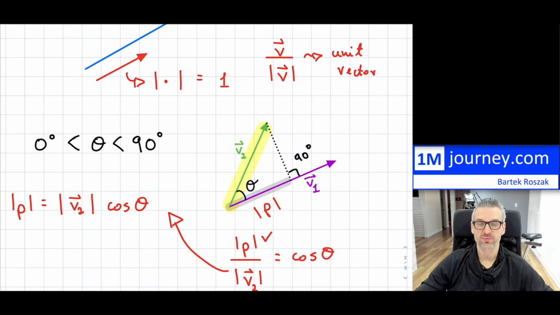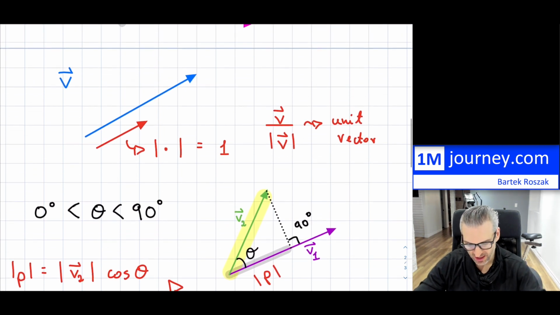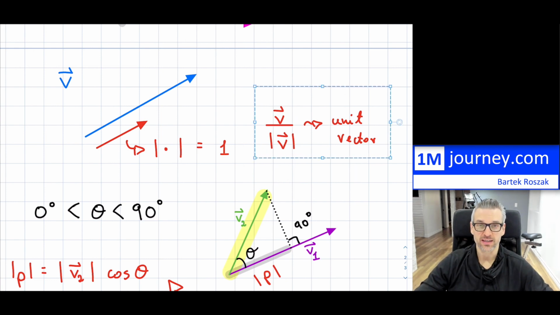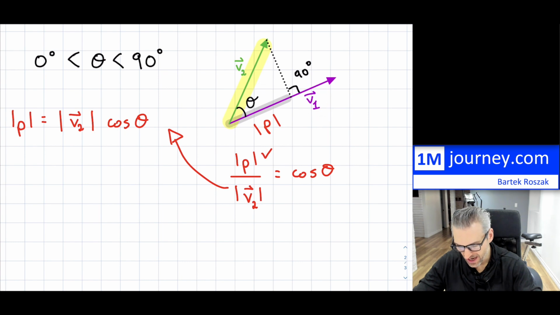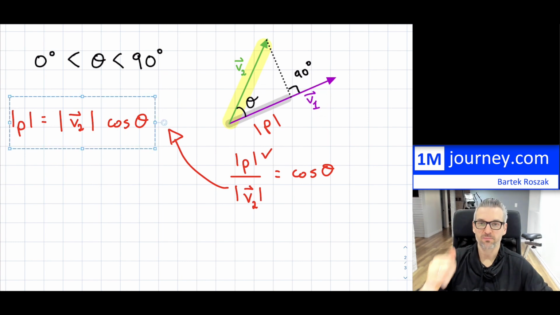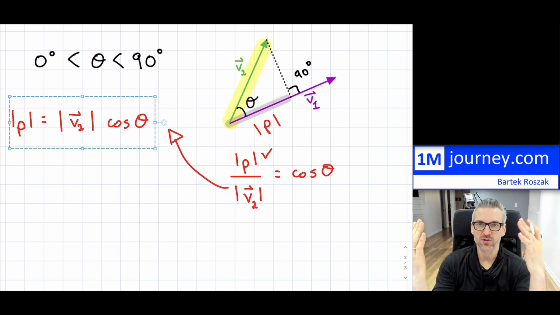But this just gives us the magnitude of the projection. Now, if you want to know what that shadow vector is, I can use exactly what I just did up above. I can find the unit vector in the direction of that projection, in the direction of that shadow, and that is very easy for me to do. So that's this right here. If I have the unit vector and I have the actual magnitude, then the magnitude times the unit vector identifies what that projection actually is.